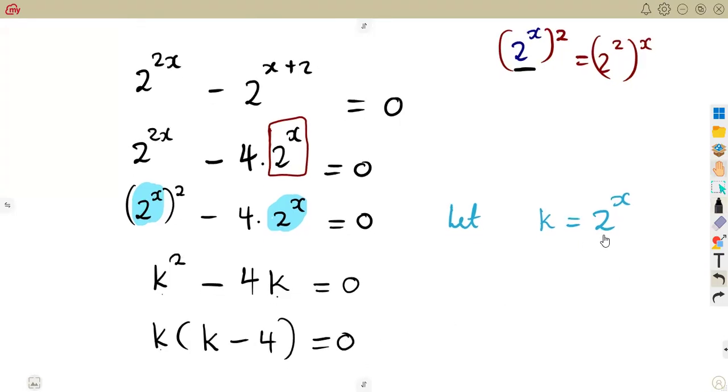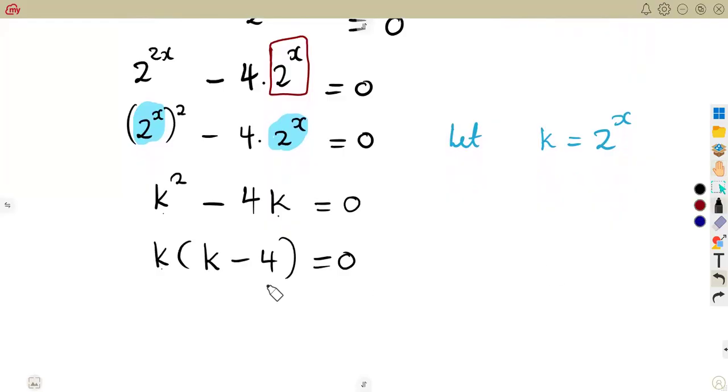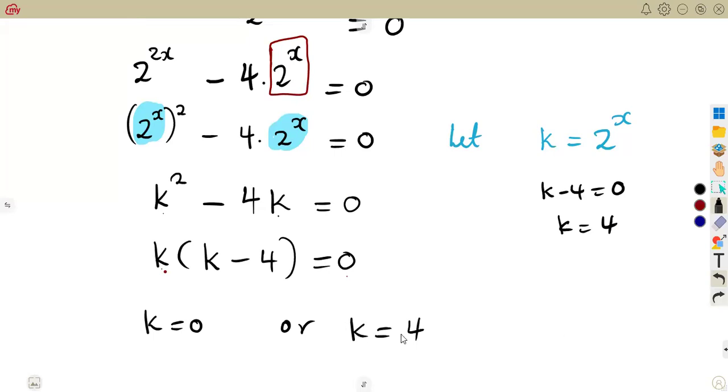Remember from this, one part is supposed to be equal to 0, either the bracket or this k. So let k be equal to 0, or this other part, k minus 4, is equal to 0. If k minus 4 is equal to 0, it means k will be equal to a positive 4. Remember, you are solving for k, not part of your equation.